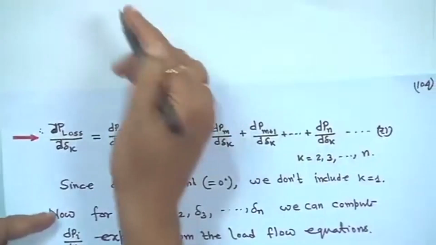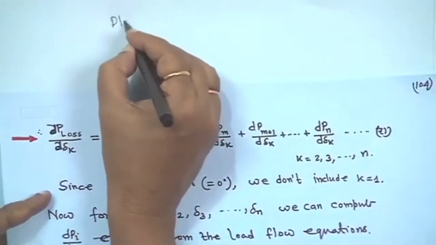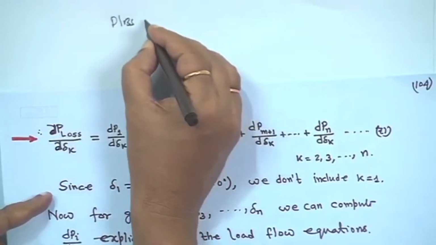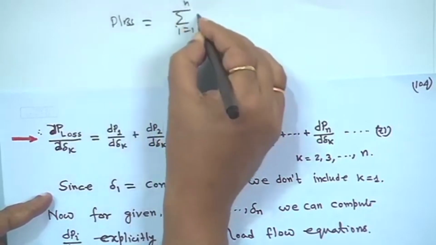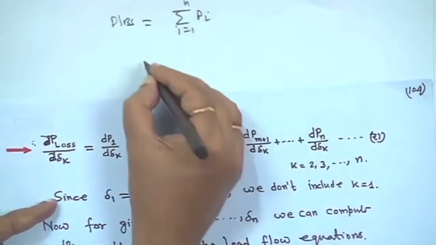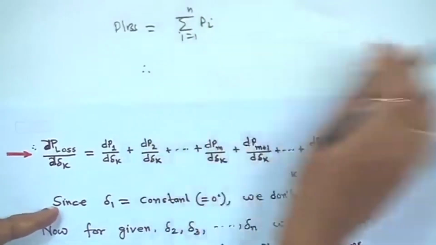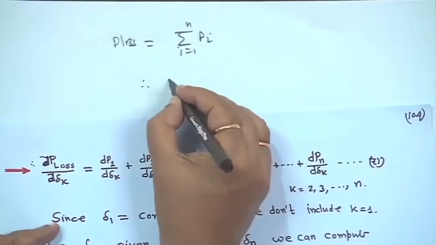That means P loss is equal to the sum from i equal to 1 to n of P i.